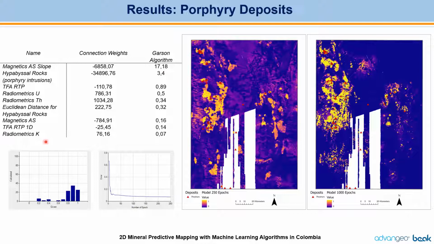This table shows us what are the most important parameters for defining a porphyry deposit. And finally, towards the right, we have our mineral predictive maps. And we identified that there are certain areas that do identify properly our deposits, but extra areas where we don't have any deposits and they already stand out as possibly prospective areas.